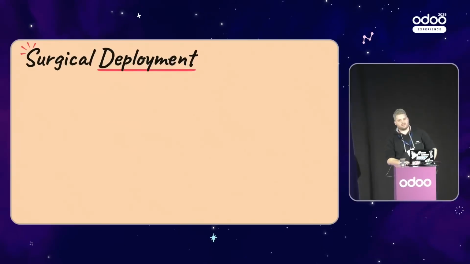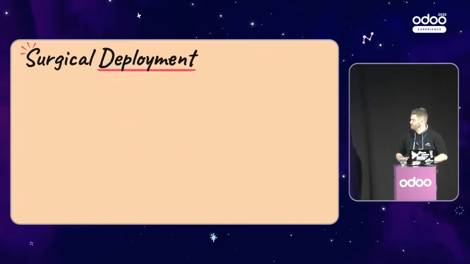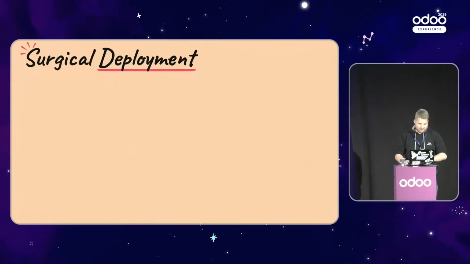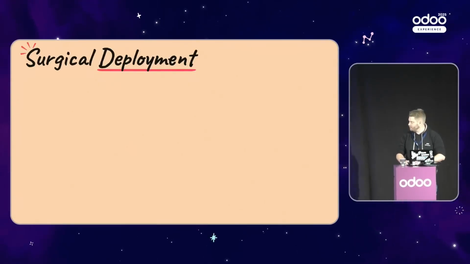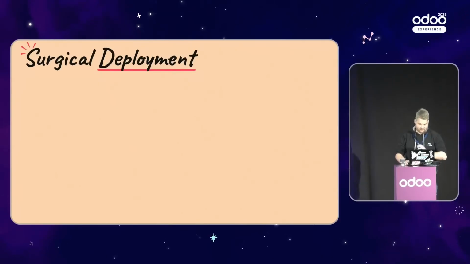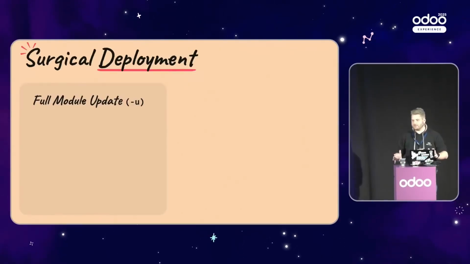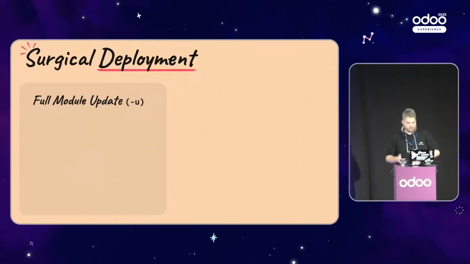Surgical deployment, so that's probably the most powerful thing that we can do with the shell, and also the most dangerous one. But it can be great for us and big database, and here is why. The full module update is of course the intended way to do.